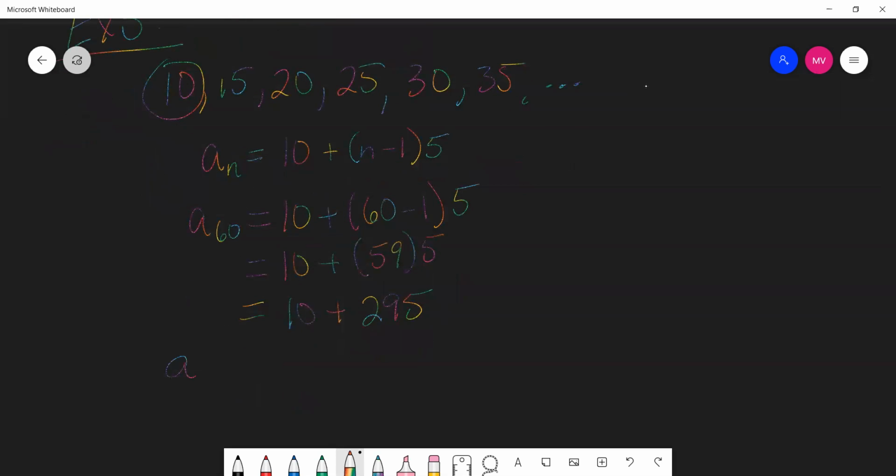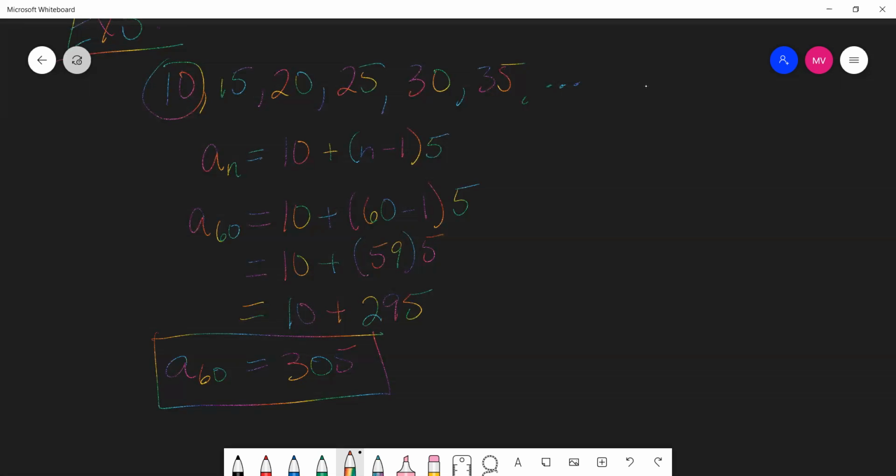Therefore, the term at position 60 is 305. See, not too hard. It starts to look crazy if you're not used to seeing it with all the n's and the subscripts and everything, but once you know what they all stand for, hopefully it's not too terribly confusing.